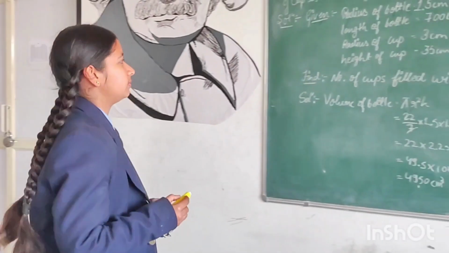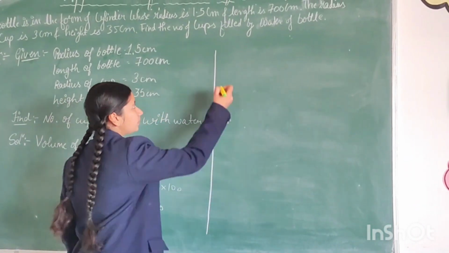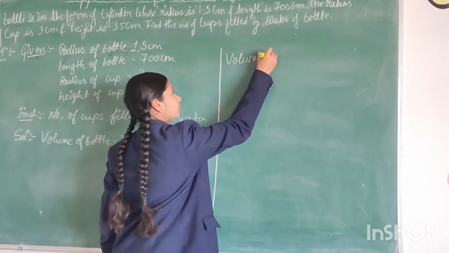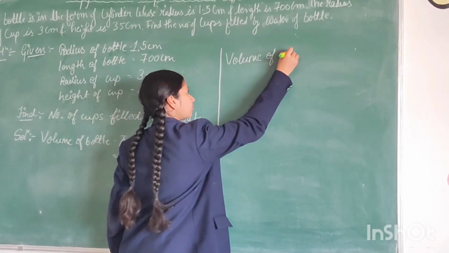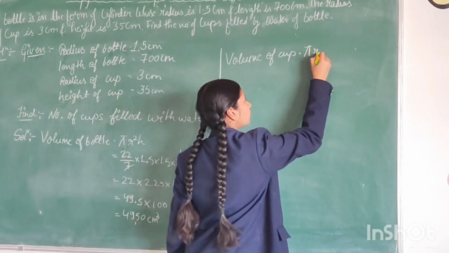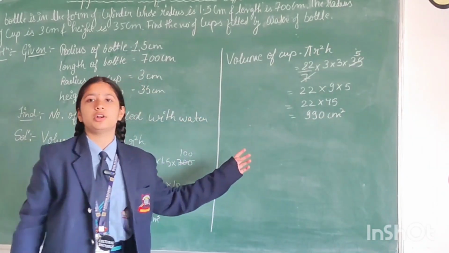So now we will find the volume of this cup because the volume of a cup is equal to the amount of water it contains. So let's find its volume. So this is the volume of cup.